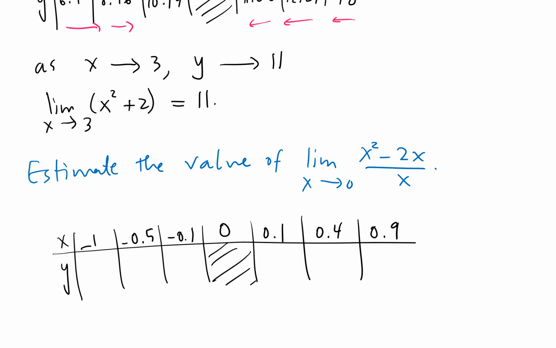What would be the y values? Make sure the values you choose are really close to x equals 0. So you need to pick values within the neighborhood of 0.